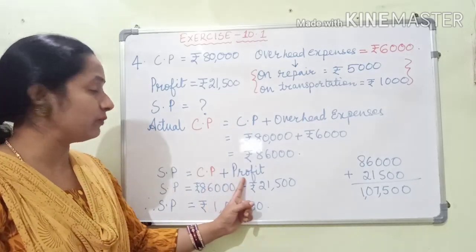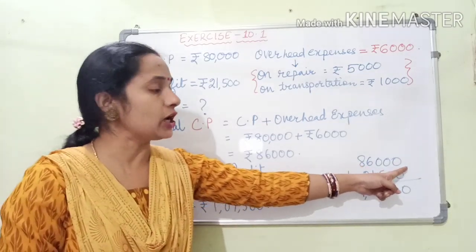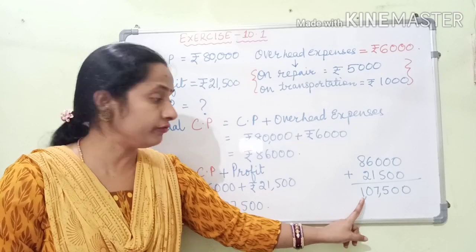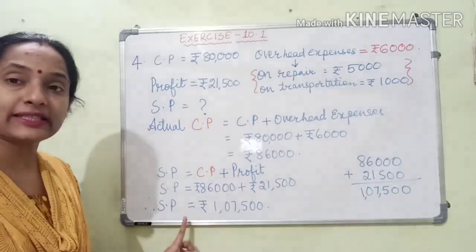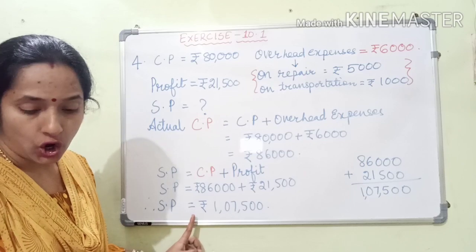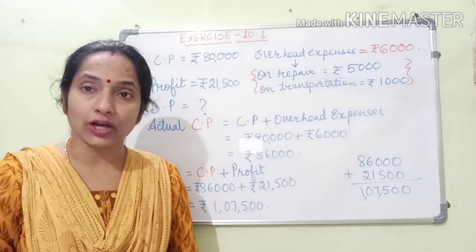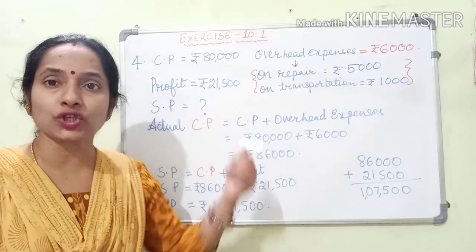When we add them both, we get the selling price. By adding 86,000 and 21,500, we get an amount of 1,07,500. So the selling price of the car of Shreya is 1,07,500 rupees. This is the way we will solve the sum.